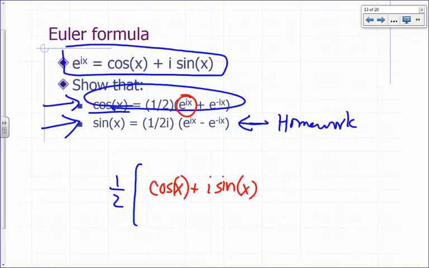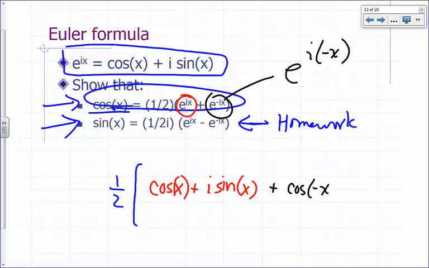What is e to the negative ix? That's the same thing as e to the i times negative x, right? So that part right there is cosine of negative x plus i sine of negative x. Okay?